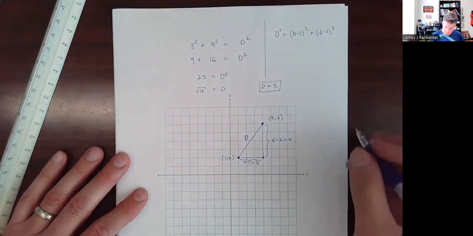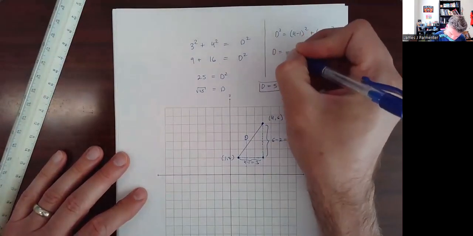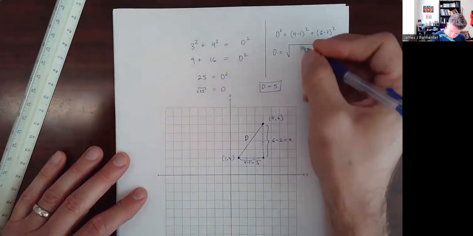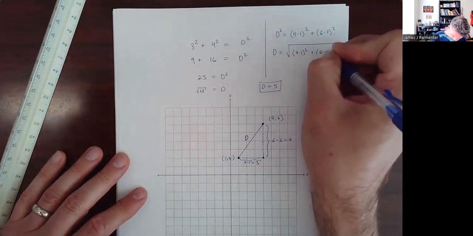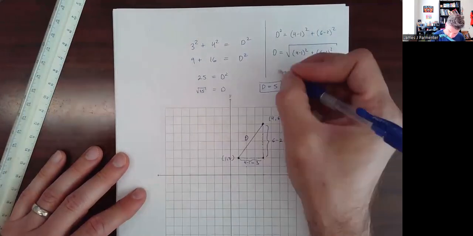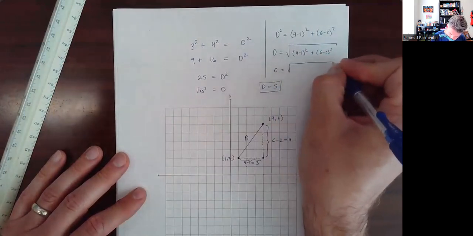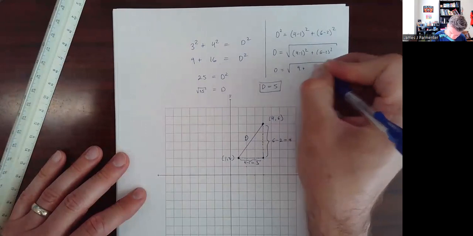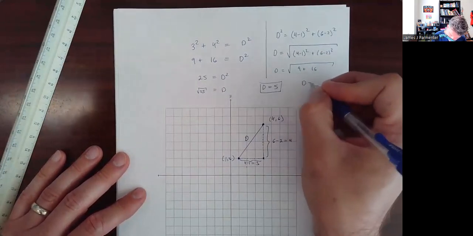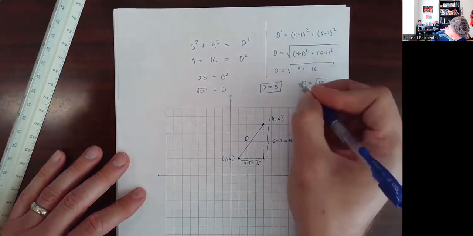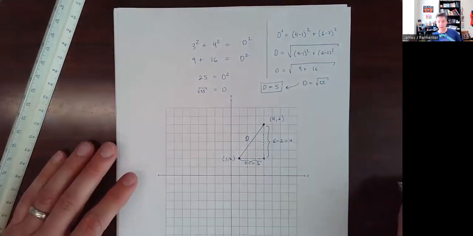And if I square root both sides, I can have a more formulaic way of writing this. The distance is the square root of 4 minus 1 squared plus 6 minus 2 squared, which is just the same thing over here, right? The distance is going to be the square root of 3 squared plus 4 squared. And that's going to equal the square root of 25. And that's exactly going to give us the distance is equal to 5.